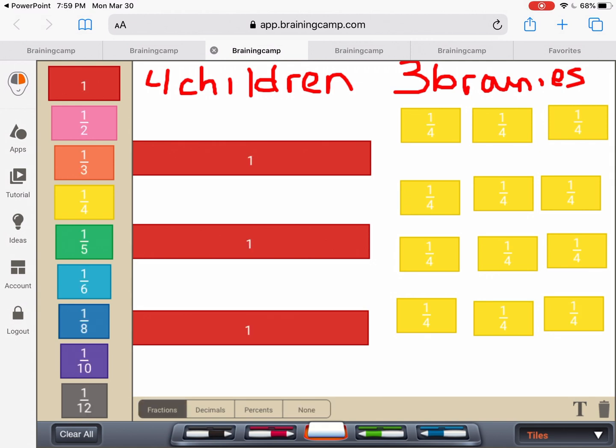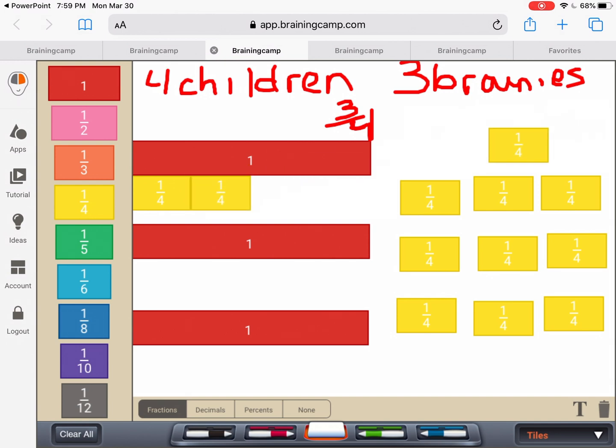Well, if we look at that again, that means that each one got 3 1/4 pieces or 3/4 of a brownie. So if I took these pieces and I put this back here, this is the 3 that they got, 3/4 of a brownie. Huh. So that group got 3/4. Well, at least we know how much of a brownie they got, right?